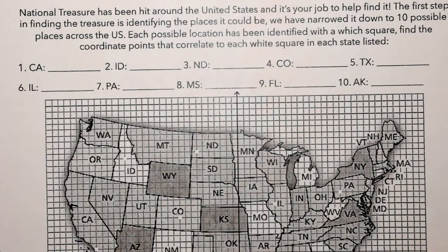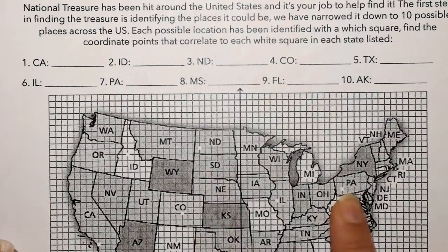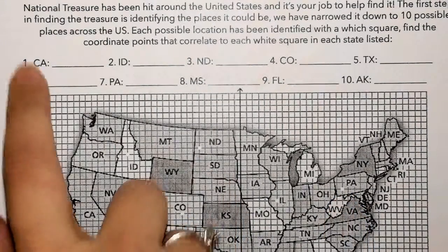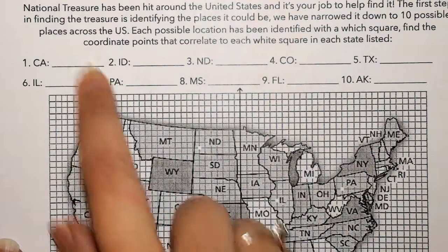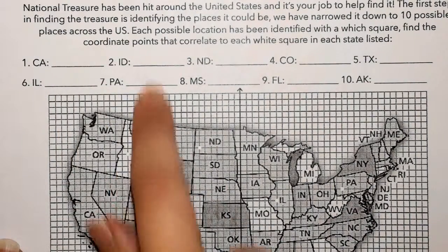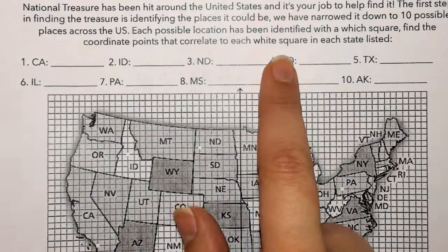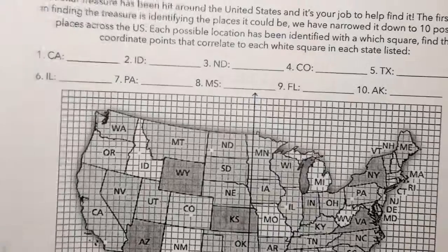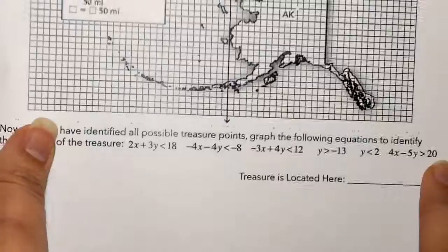First thing you have to do is, do you see how there are randomly little squares on some of the states? Okay, so you have to identify the coordinates of that. So California, you have to identify this coordinate. Idaho, you have to identify that coordinate. North Dakota, identify that coordinate and write it there. Once you have identified the coordinates, come down here, solve these for y, then graph.